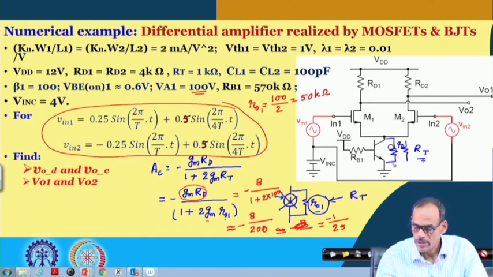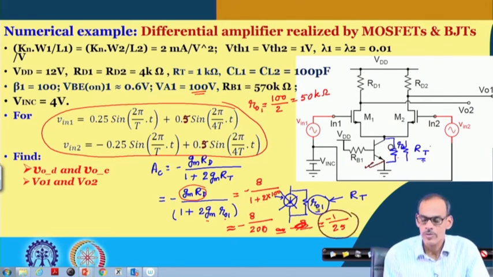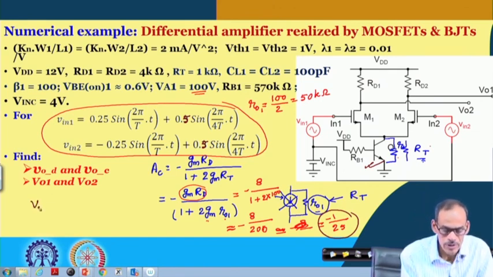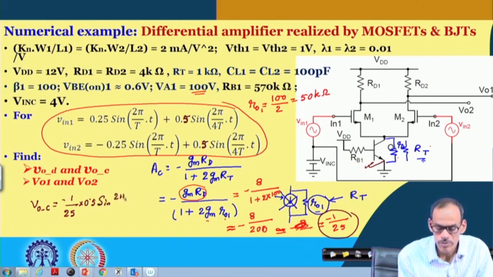But by replacing this passive element by this active device, since now we are getting common mode gain of 1 by 25, that gives us VOC equal to 1 by 25 multiplied by 0.5 sin 2 pi by 4T into t.